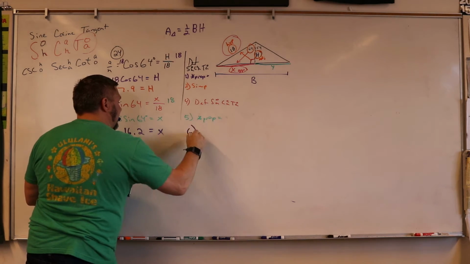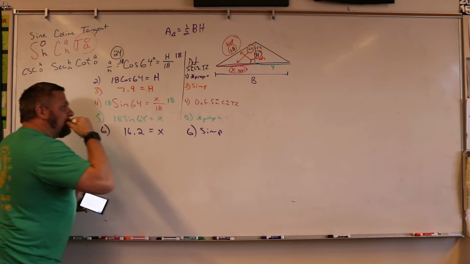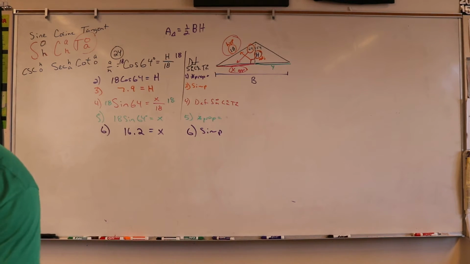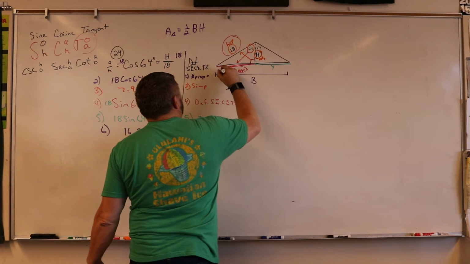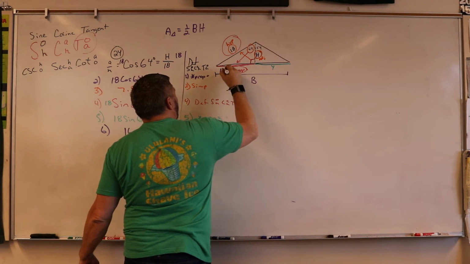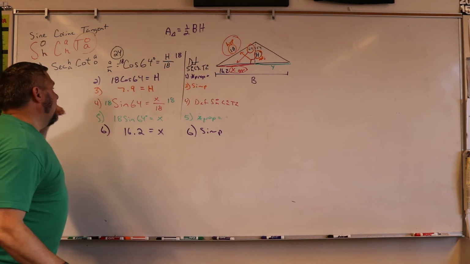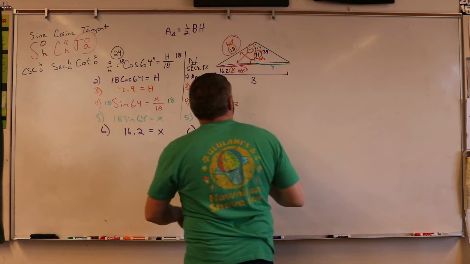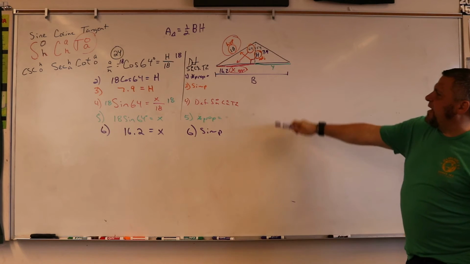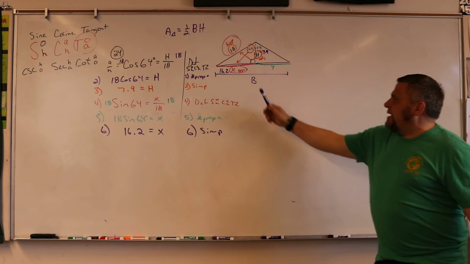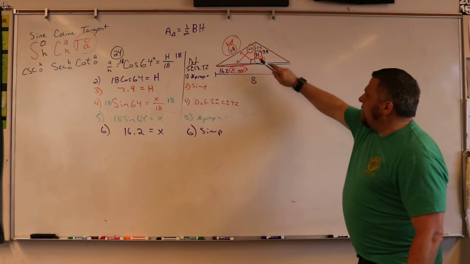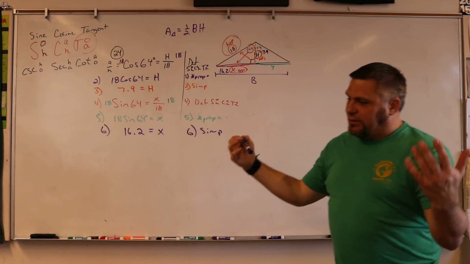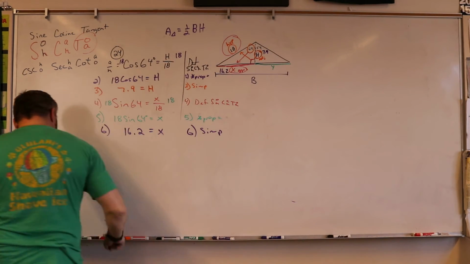And that's simplified, okay? So we know x. X is 16.2, okay? We know h. H is 7.9, okay? We just need to find y. We'll add x and y together to get b. 1/2 h. B is the area, okay?